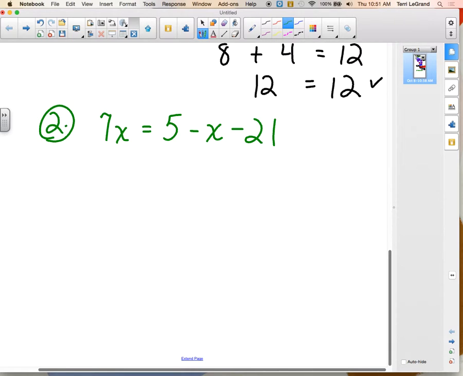Next thought will be, can I do any simplifying? And what can I slip in front of that x also? 1. A 1. Okay. So I slipped a 1 in and changed it to add the opposite.